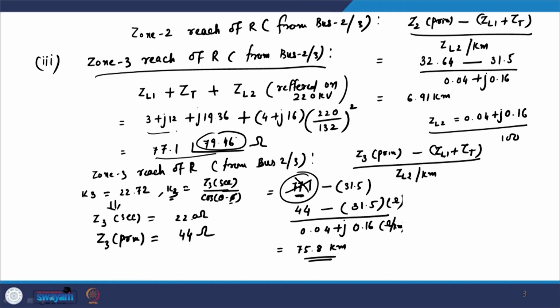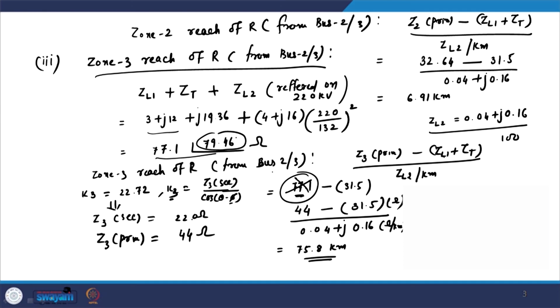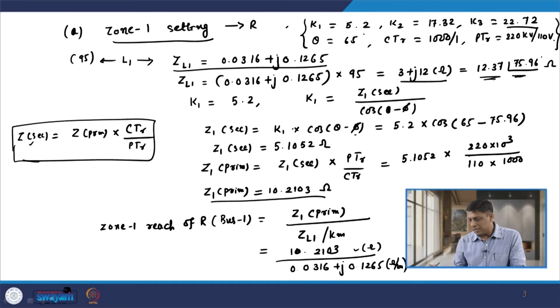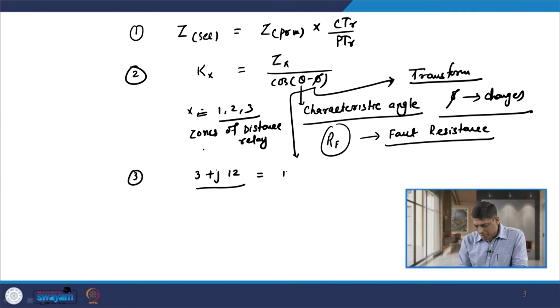Just take a small example. Say the ZL1 is 3 plus J12. If I write it in polar form, its value comes out to be roughly 12.37 angle 75.96 ohm.